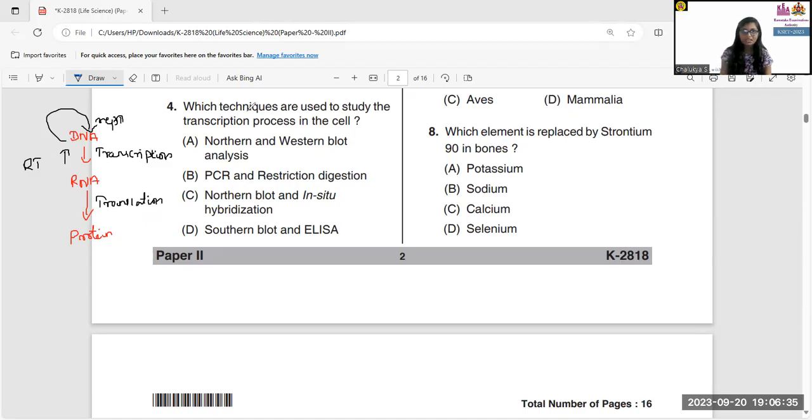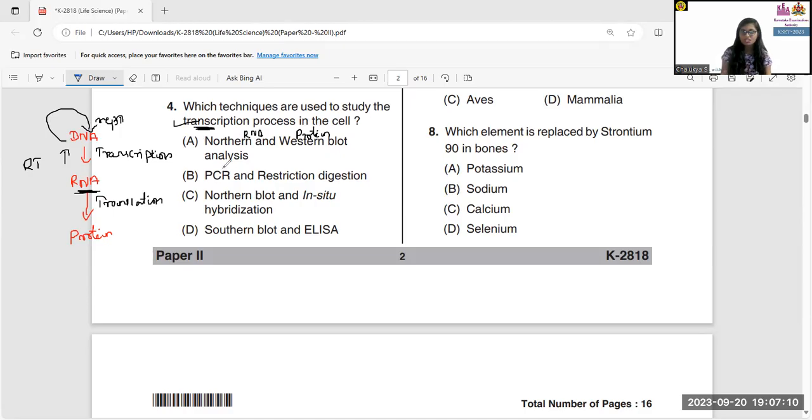In this question, they are asking which techniques are used to study the transcription process. Transcription is the RNA synthesizing process. Northern and western blotting: northern blotting is always used for RNA and western blotting for protein, but here they are asking only about transcription. Next, PCR and restriction digestion.